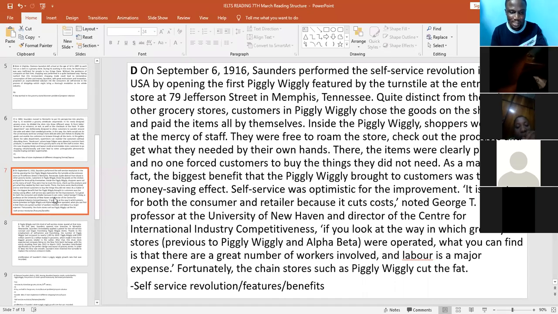On September 6, Sonder performed a self-service revolution, opening the first store, which features quite distinct from others. It started describing that store. So the main idea is the self-service revolution store and its main features.